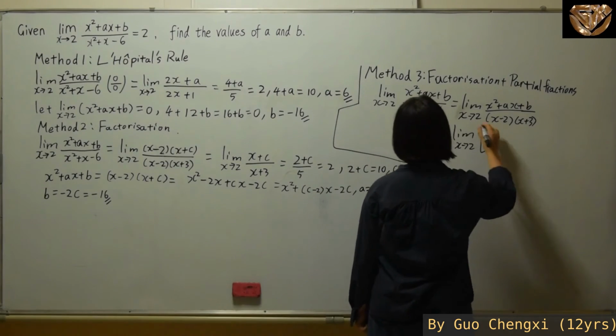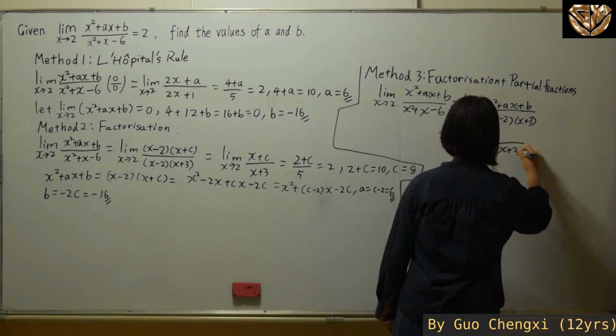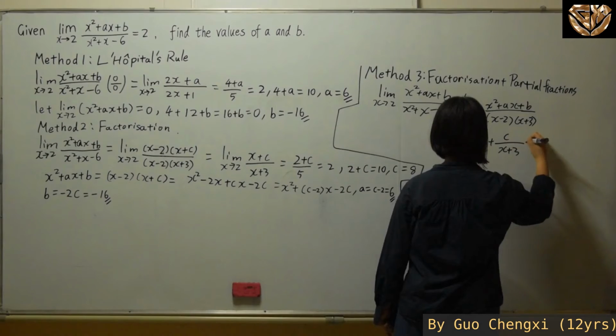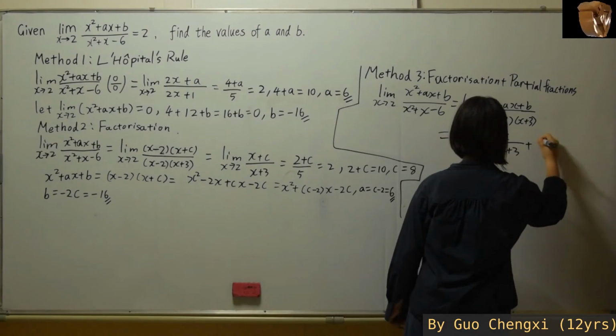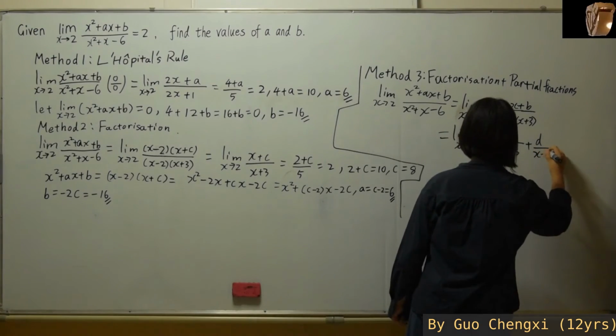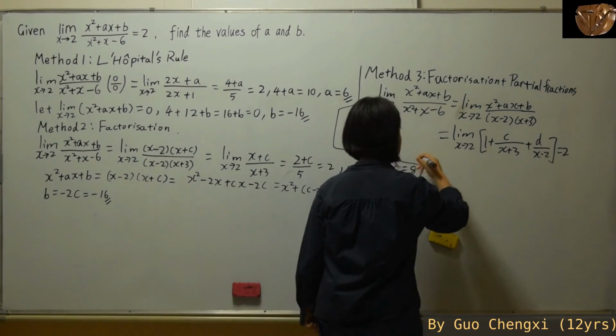So here, 1 plus, because the coefficient of this x squared part is 1. Then for the next part we also have our x plus 3 and our x minus 2 equals to 2.